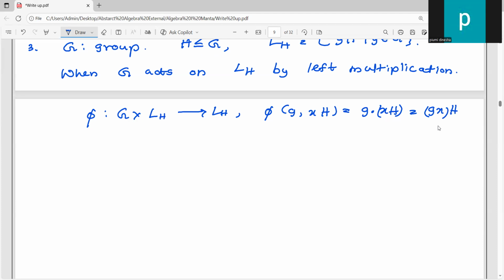Right. First of all, let's find the orbit of the identity element in here. Or let's not say the identity element, let's simply say the orbit of H. H is also an element in LH.